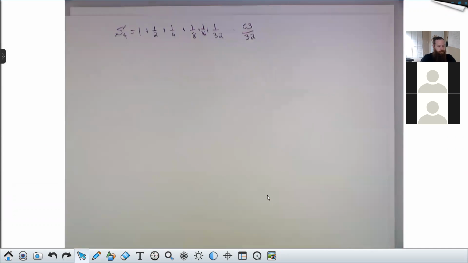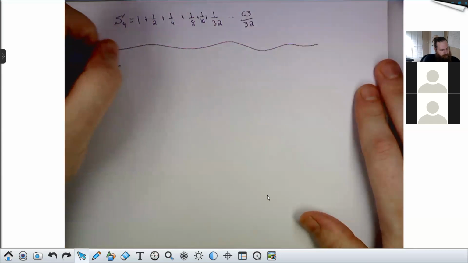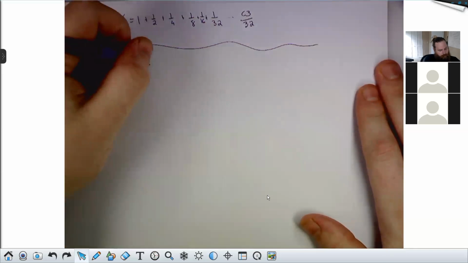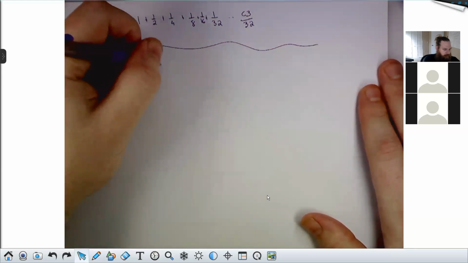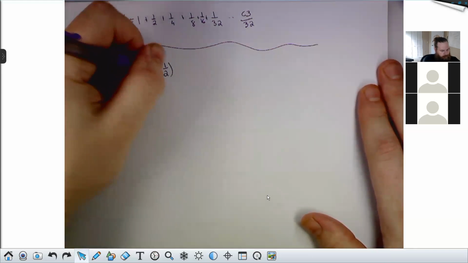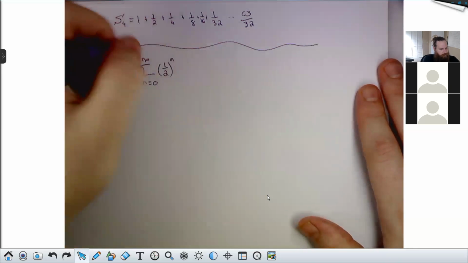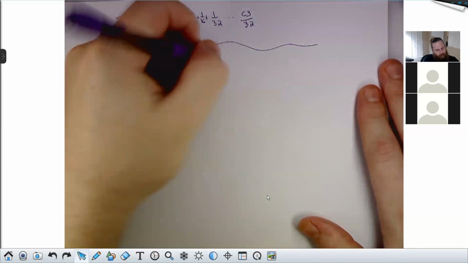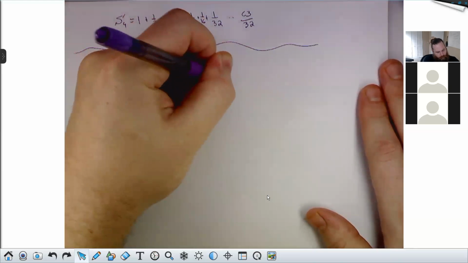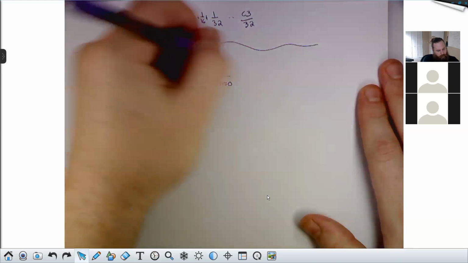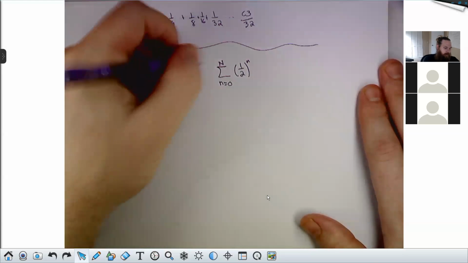So this is where that concept of convergence that I mentioned a minute ago comes in. If S is an infinite series, say from 0 to infinity of 1/2 to the n, which is what we were just looking at, then this should be equal to this guy as n goes to infinity.